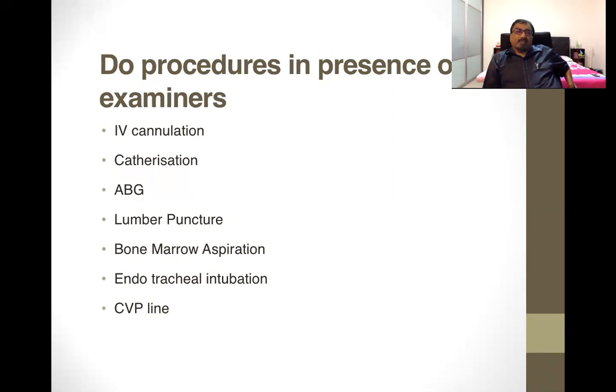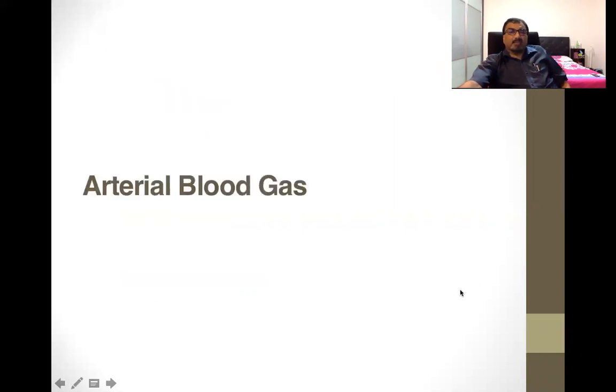Then lumbar puncture in mannequins, bone marrow aspiration in mannequins, endotracheal intubation in mannequin, and inserting the CVP line. These are some of the procedures which are kept in mannequins, and then there may be some other counseling stations or history stations. So that's how we prepare for the stations.